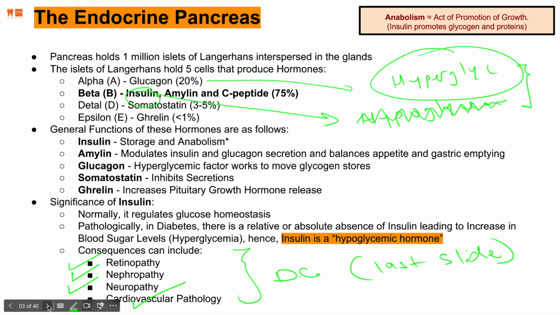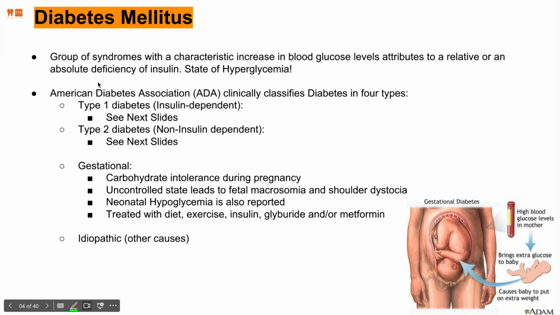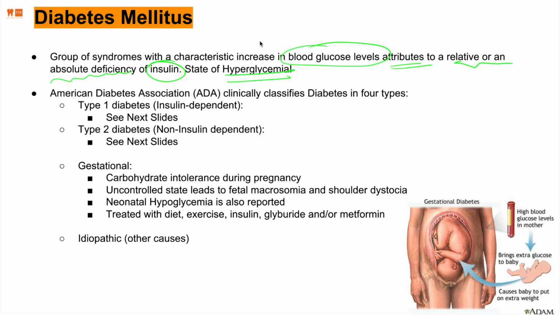Perfect? Great. Moving on. Let's introduce diabetes mellitus, a group of syndromes characterized by increased blood glucose levels attributed to relative and absolute deficiency of insulin, a state of hyperglycemia. That is diabetes mellitus.